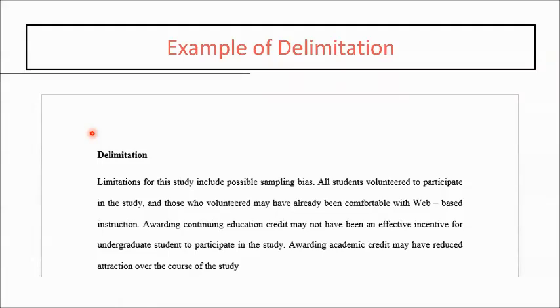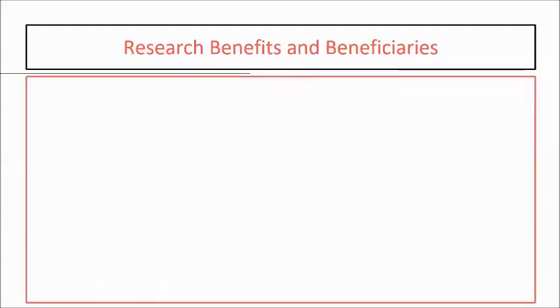So that is an example of scope and delimitation of the study. So yes, we already have the topic, the title, the problems, the scope and delimitation. Now we will discuss the research benefits and beneficiaries.